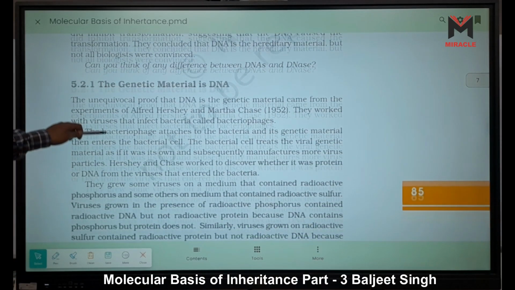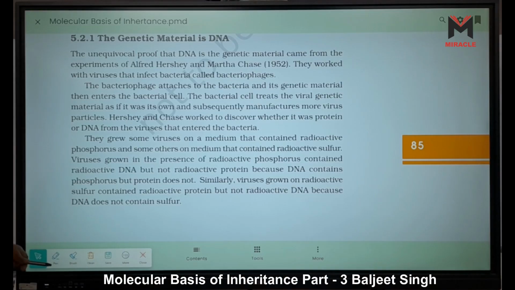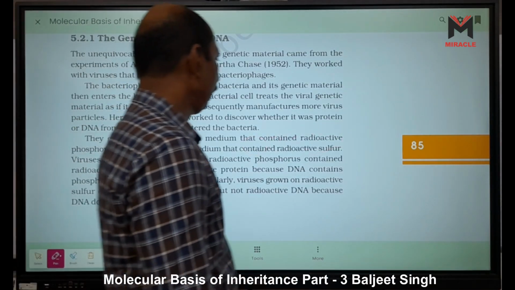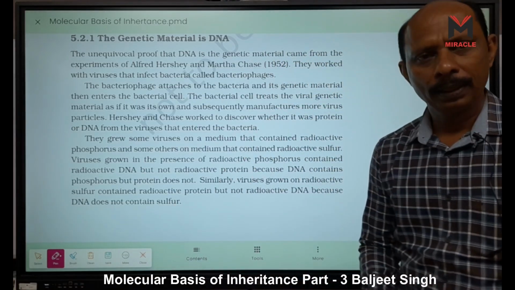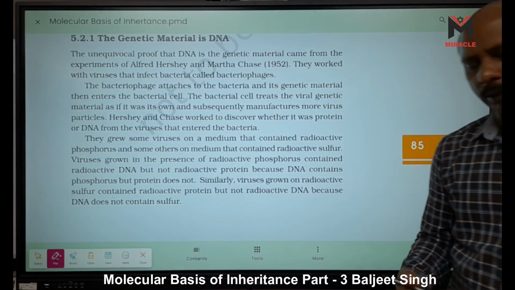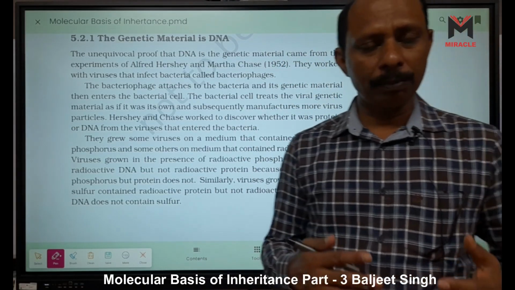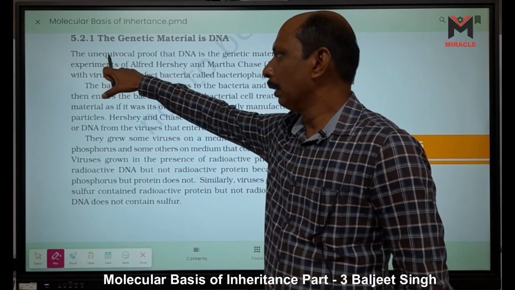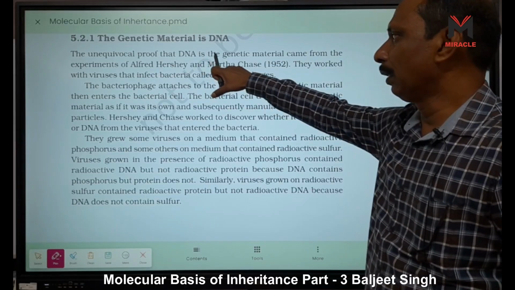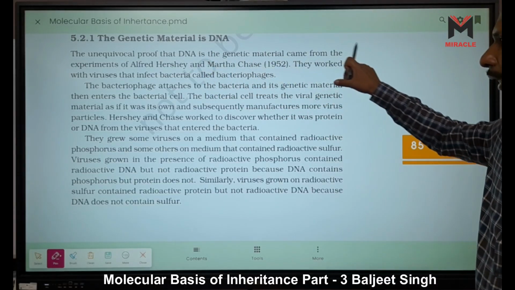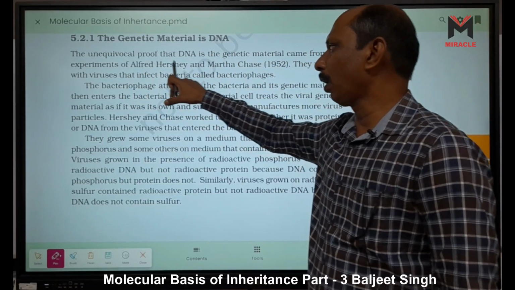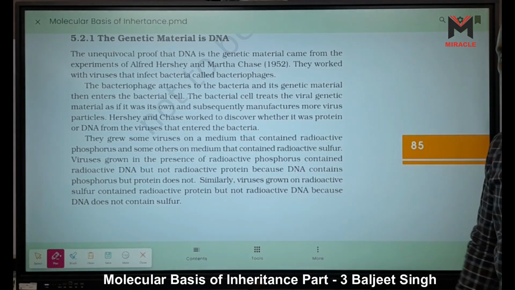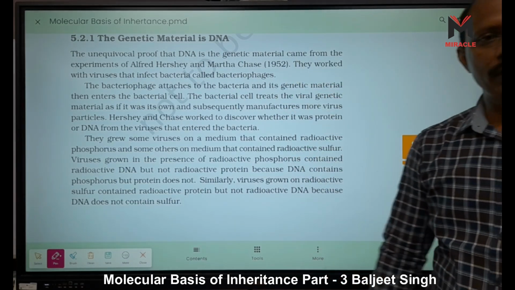Hershey and Chase in 1952 proved that DNA is the genetic material. The unequivocal proof that DNA is the genetic material came from the experiment of Alfred Hershey and Martha Chase, two scientists, in 1952.